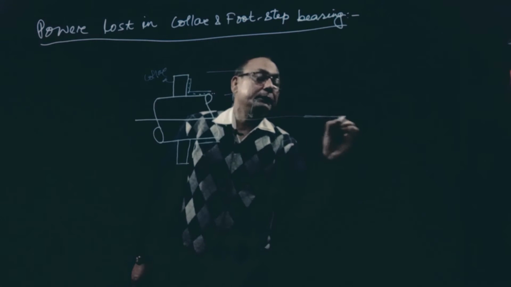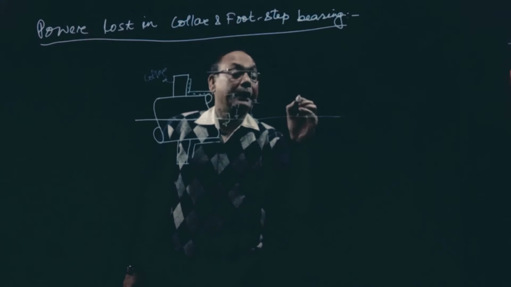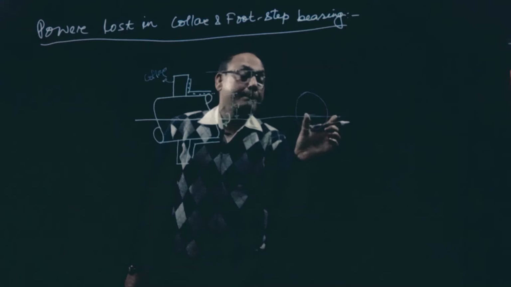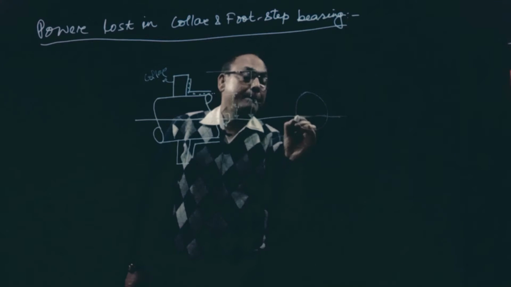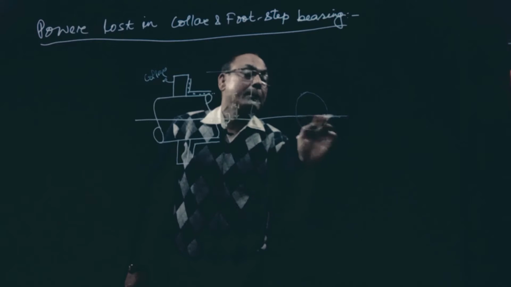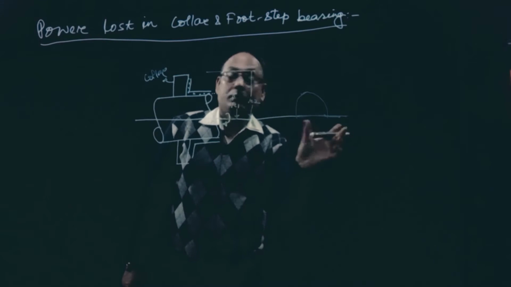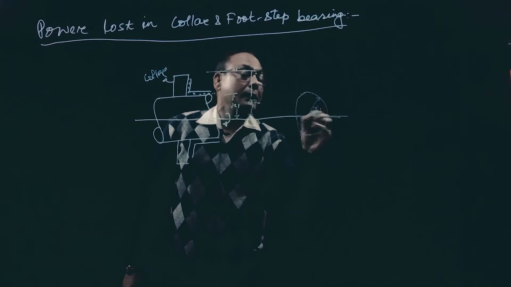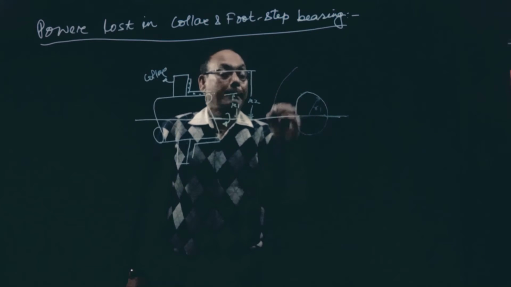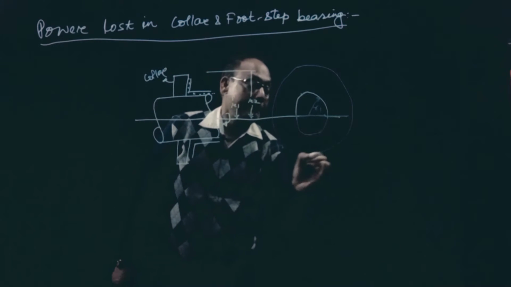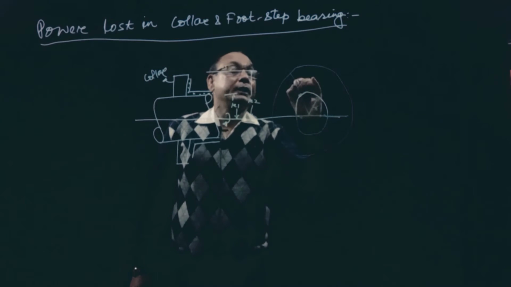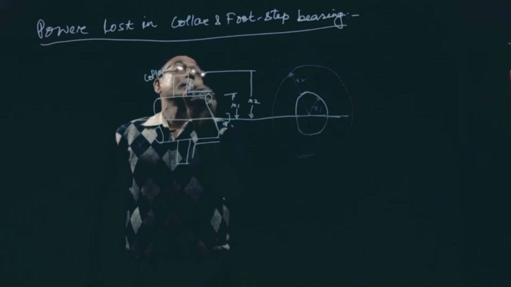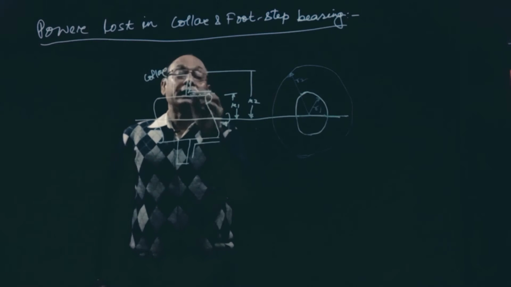So if you take another view, this is equal to R1, and another is R2, this one. This one will be R2, and this is the bush, this is the footstep. See here, power loss in collar, this is the collar, okay.